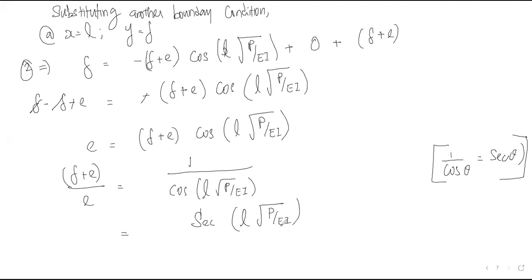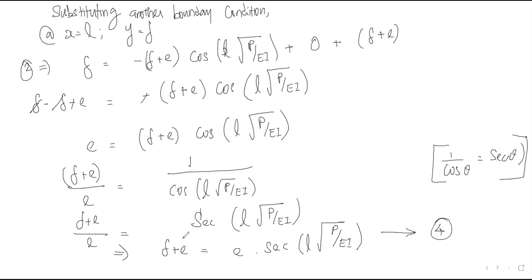So delta plus e divided by e gives, therefore, delta plus e is equal to e into secant L into root under P by EI. So this is equation number 4.